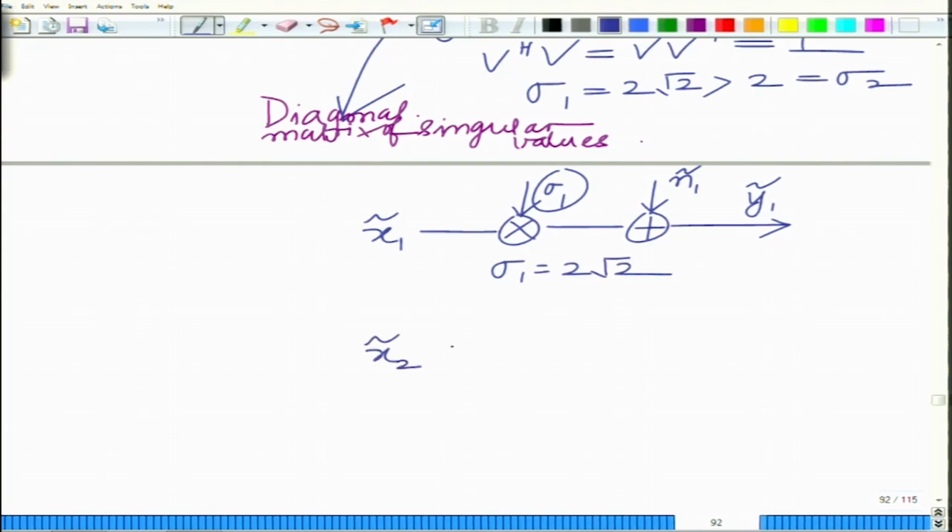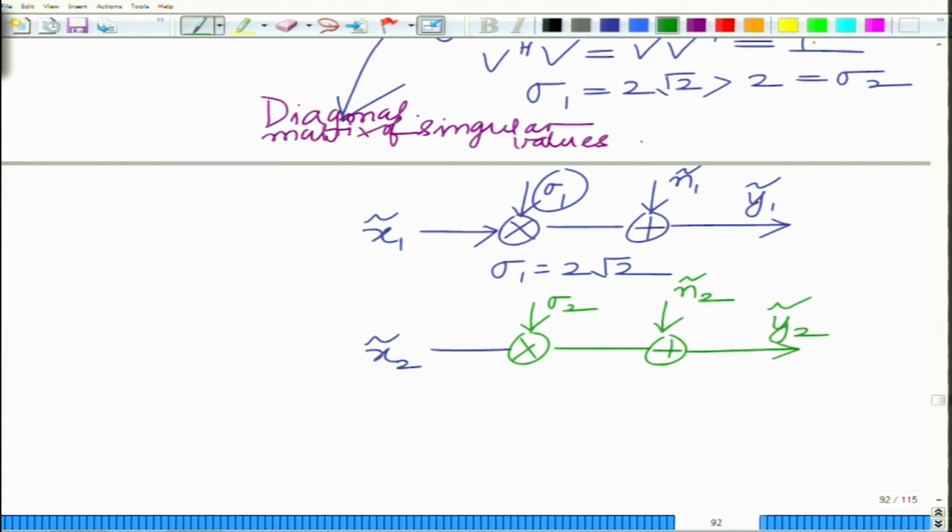Similarly, through the second channel you have gain sigma 2 followed by the addition of the noise n2 tilde, and sigma 2 equals square root of 2. So, these are the parallel channels.